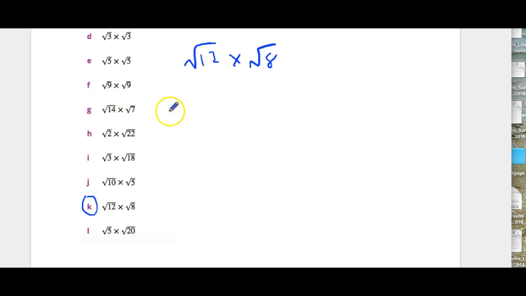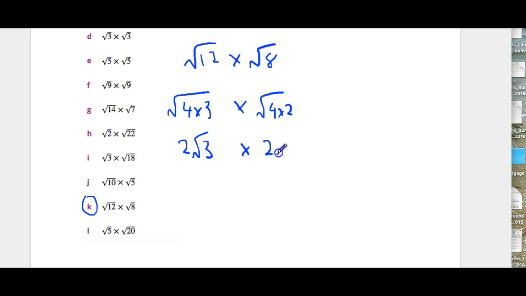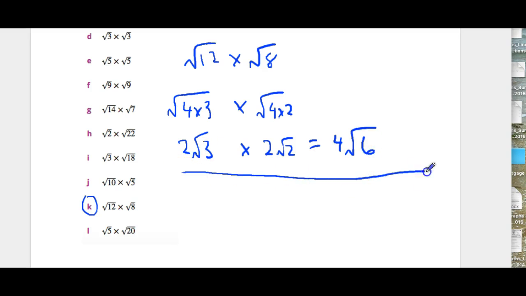The square root of 12, when you simplify, is 4 times 3, which is 2 root 3. And then the square root of 8 is 4 times 2, and that gives us 2 root 2. So when we multiply them together, we multiply the numbers at the front: 2 times 2 is 4, and the number inside the square root is 6. So you get 4 root 6.